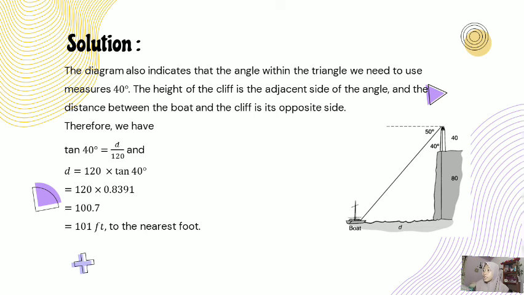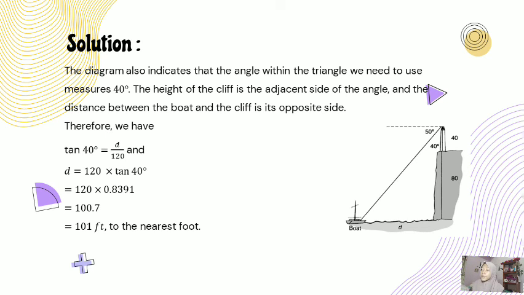The diagram also indicates that the angle within the triangle we need to use measures 40 degrees. The height of the cliff is the adjacent side of the angle, and the distance between the boat and the cliff is its opposite side.